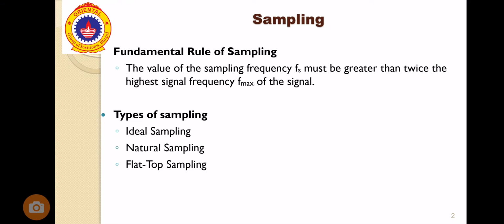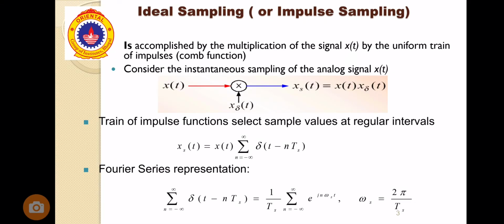Ideal sampling is also known as impulse sampling or instantaneous sampling. The first sampling is ideal sampling or impulse sampling. It is done by the multiplication of the signal x(t) by a uniform train of impulses, that is, a comb function.